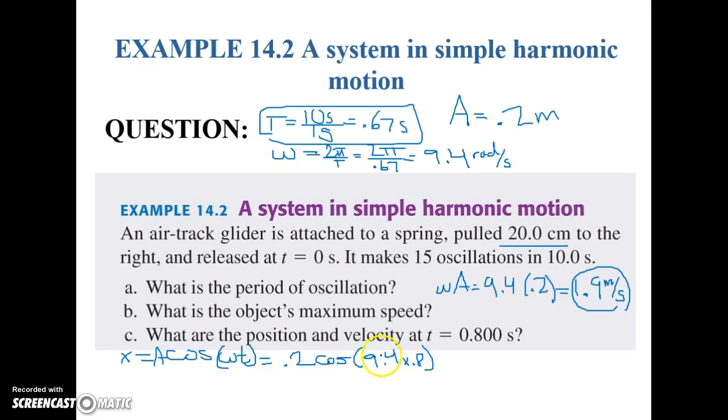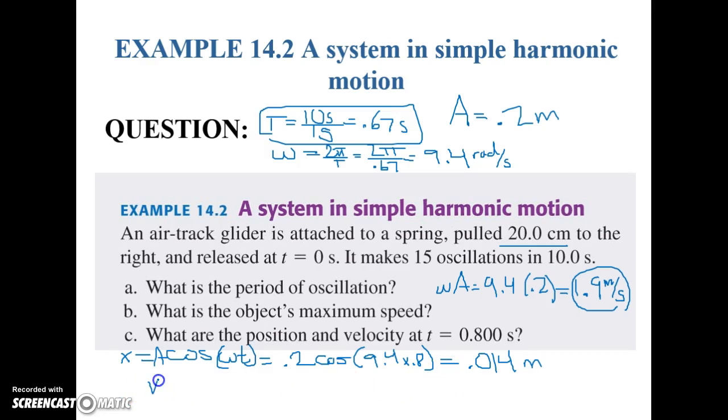What I end up with is 0.014 meters. If it were on my left-hand side, it would come out negative.